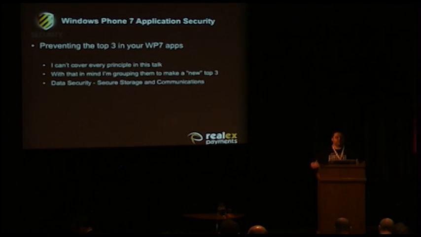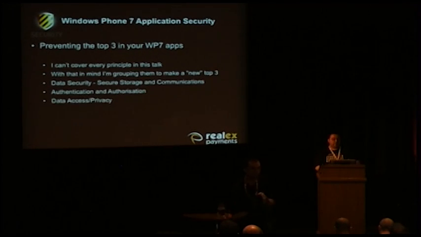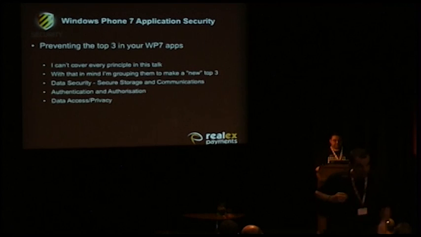So you might have to make requests over the web to SQL Azure, for example, from Microsoft. So I came up with this new top 3 so I could include secure communications in there. So just data security in general: secure storage and secure communications. We still have authentication and authorization. And then the final one I've changed to data access and privacy.